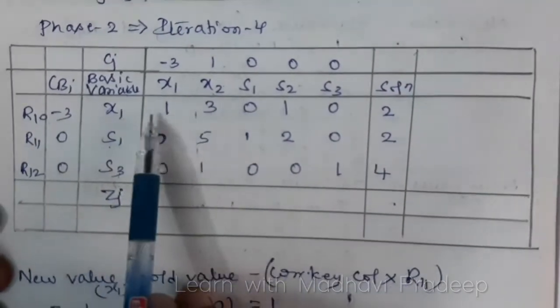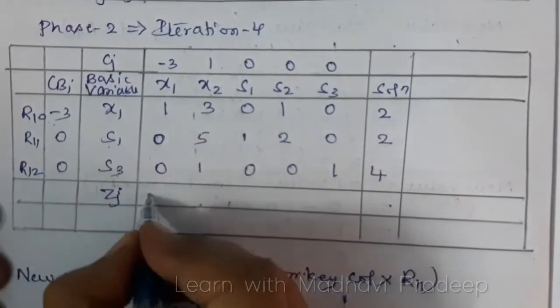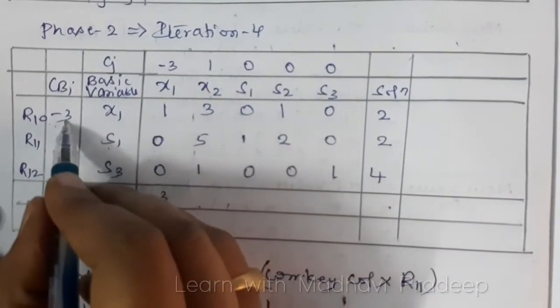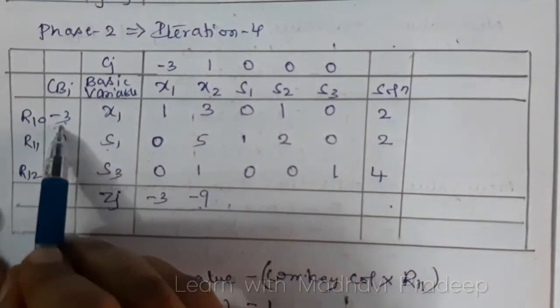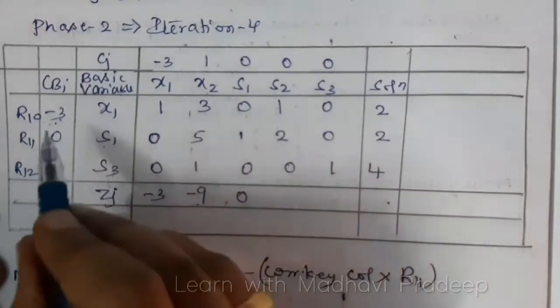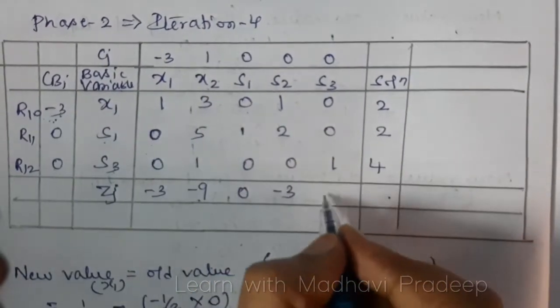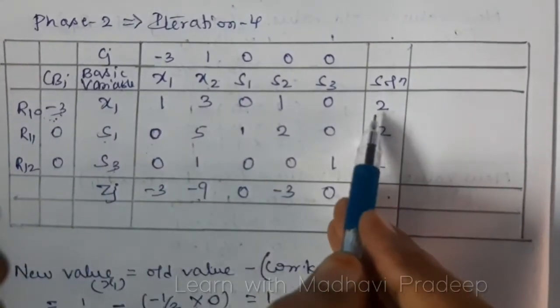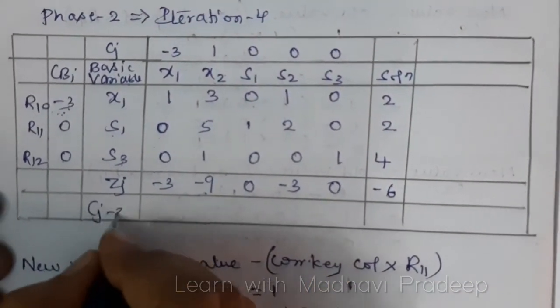Multiply this minus 3 into the first row and write down the Zj value. Minus 3 into 1 is minus 3. Next, minus 3 into 3 is minus 9. Next, minus 3 into 0 is 0. Minus 3 into 1 is minus 3. Minus 3 into 0 is 0. Minus 3 into 2 is minus 6.